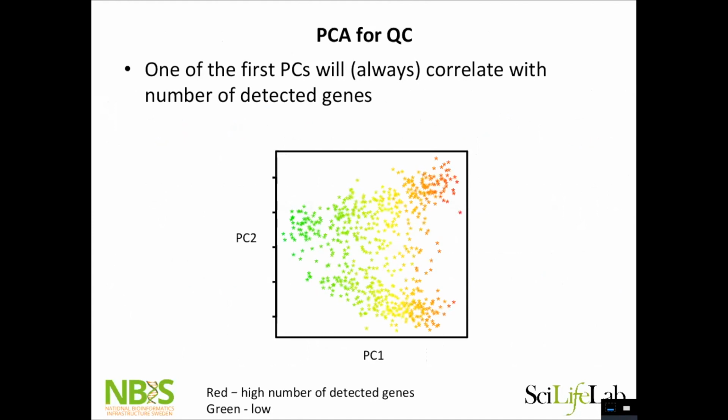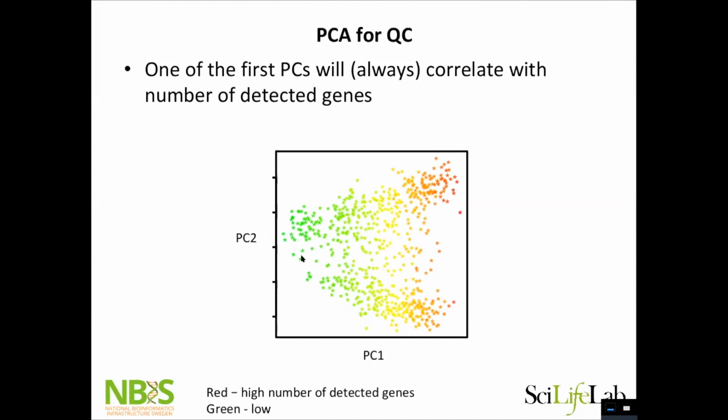And I think PCA is really important for QC. I use it a lot because PCA gives you a really good understanding of your data. What's the main variability in your data? And this is something that I always see when you do a PCA on your data set: PC1 or PC2 will correlate almost perfectly with the number of detected genes.